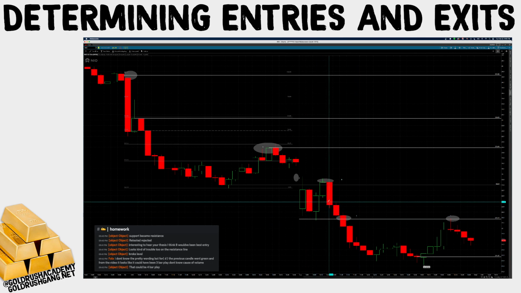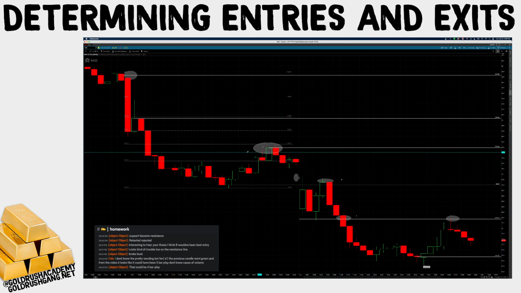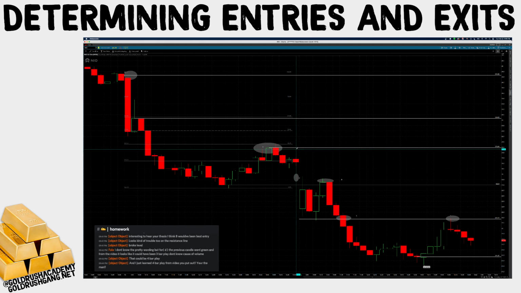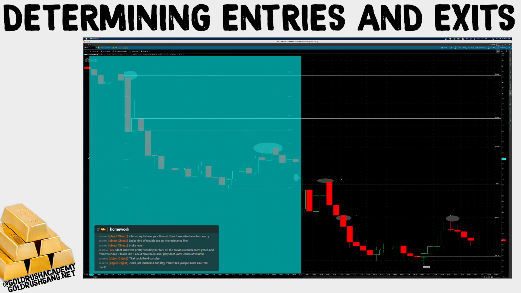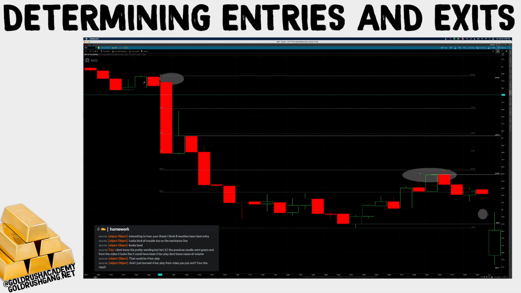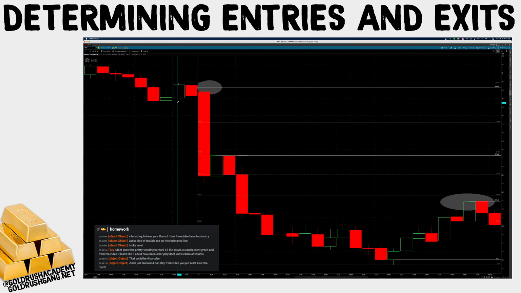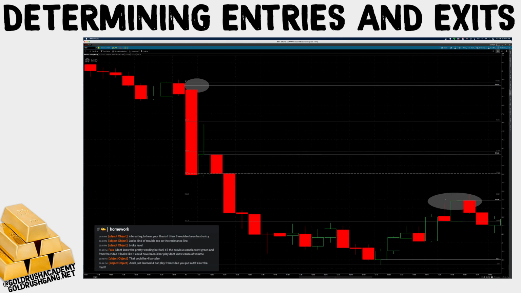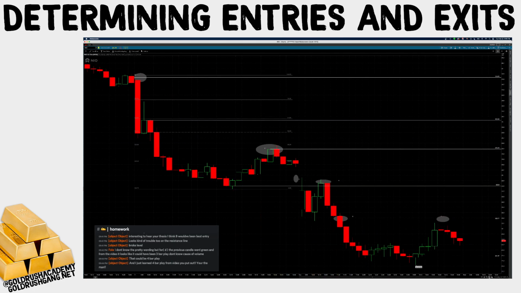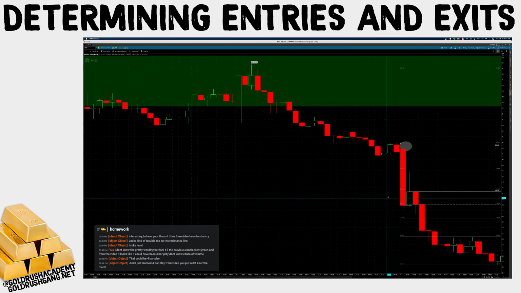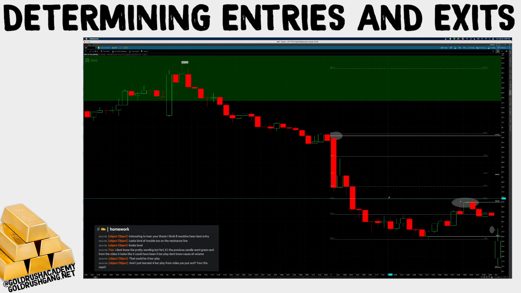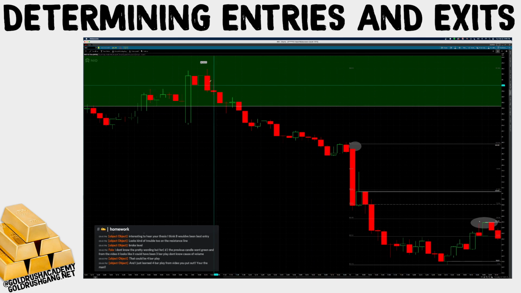Kind of a range. The reason why I like this entry, and B would have been a sniper entry, but looking at Friday's price action, let me zoom out a little bit because I hate when candles look like this. Looking at Friday's price, it was up at 26.